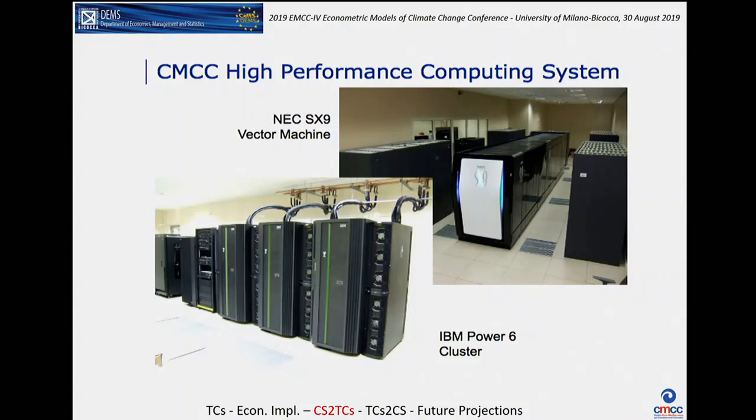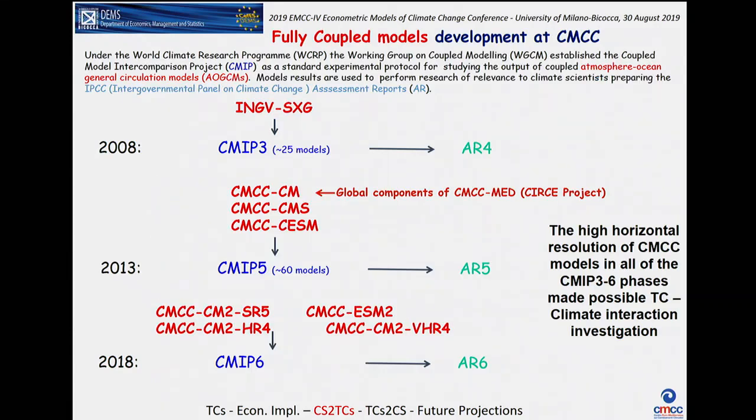You need to upgrade your system every 2 or 3 or 4 years, because typically you want to run higher resolution simulations, and if you want to maintain the number of years simulated for each CMIP, you need to improve the computational power you have available. We started in 2008 with CMCC-III, and then we went to CMCC-V in 2013 with these 3 models. And now we are at the 4th, CMCC-VI, with 4 versions of the model at different resolutions.